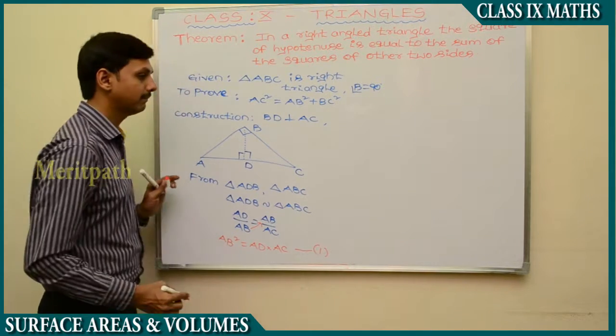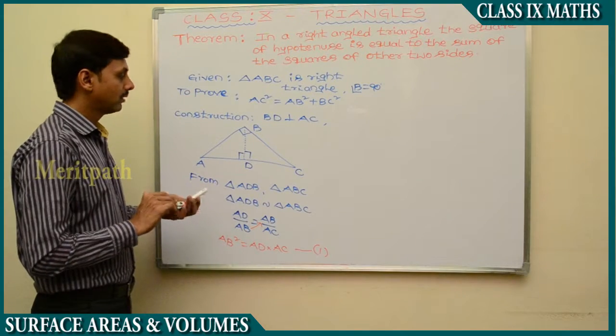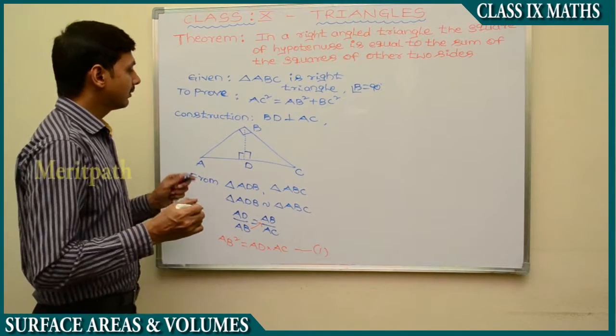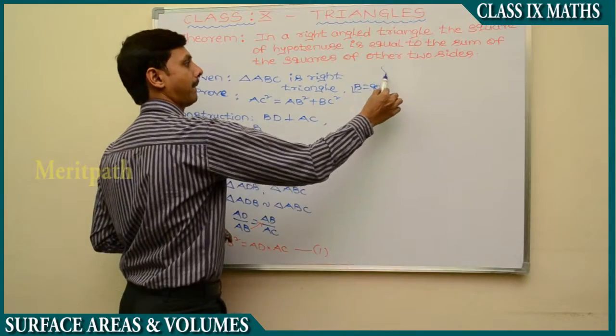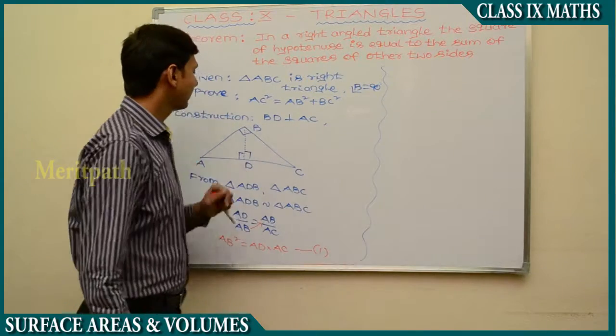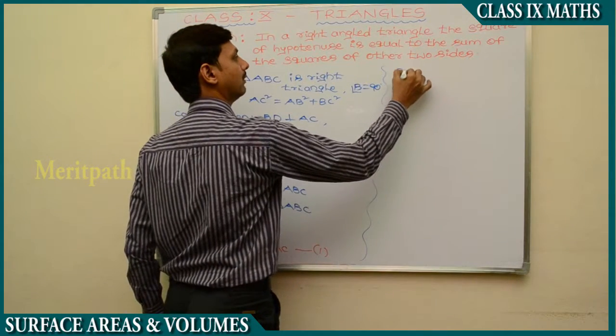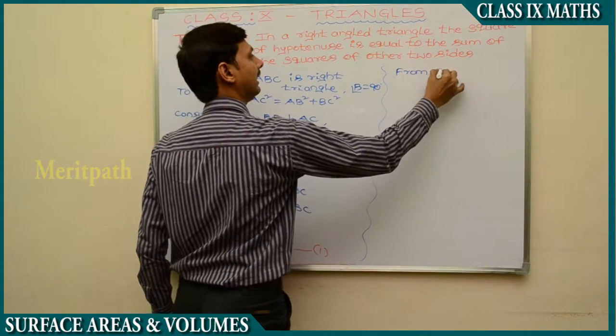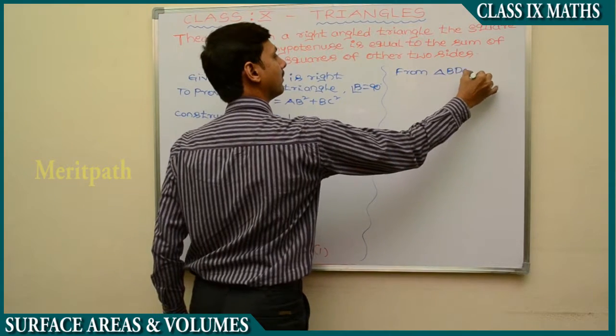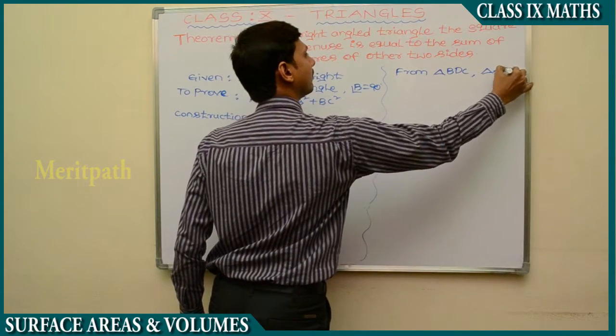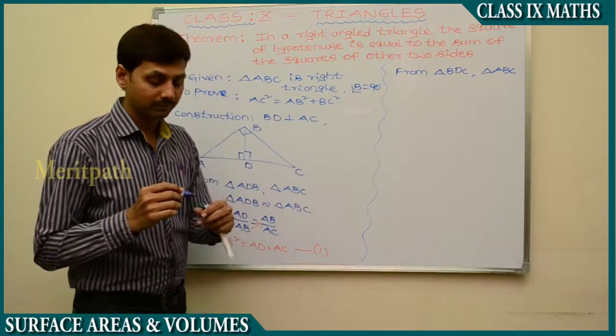Let's take this as the first equation. Now let's take the two triangles, triangle BDC and triangle ABC. These two triangles are also similar.